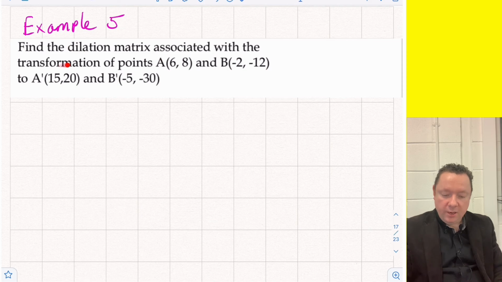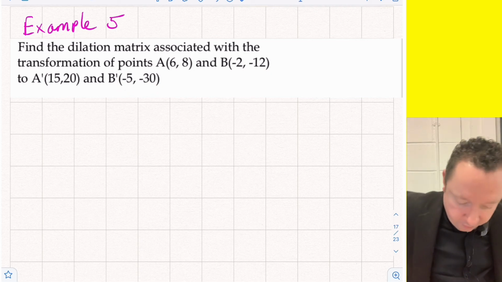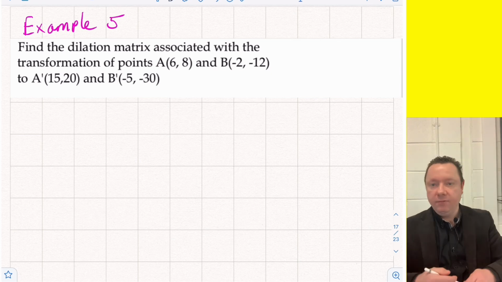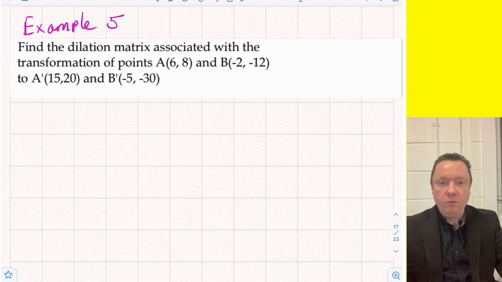Find the dilation matrix associated with a transformation of points A (6, 8) and B (minus 2, minus 12) to A prime (15, 20) and B prime (minus 5, minus 30). Okay, let's start off with our image.